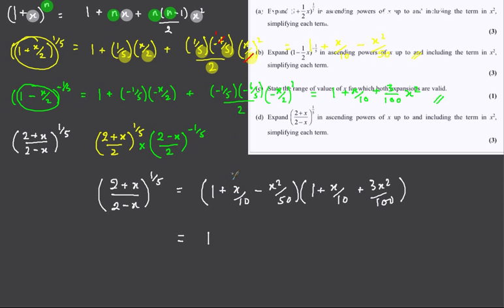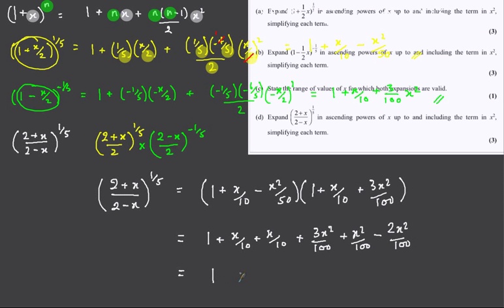Combinations that will give me x, well, I will get a 1 multiplied by x over 10 when I multiply this bracket out. And the other way around, I'll get a 1 multiplied by an x over 10 the other way. And in terms of x squareds, 1 multiplied by 3x squared over 100. And x over 10 times an x over 10, and finally a 1 times a minus x squared over 50, which is 2 lots of x squared over 100.